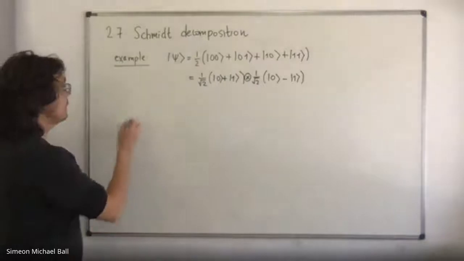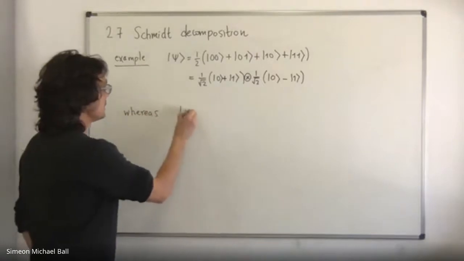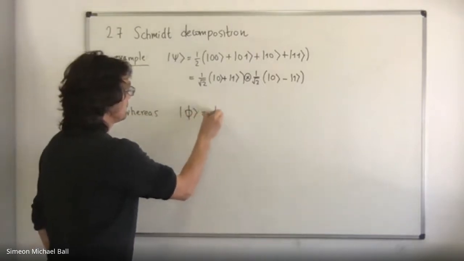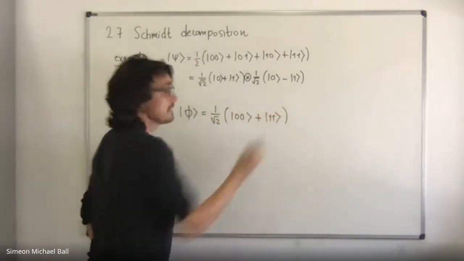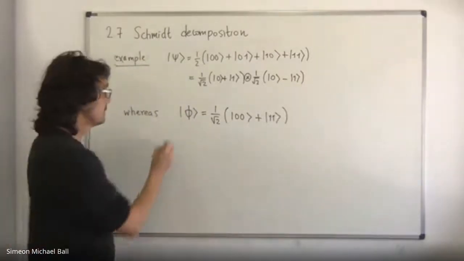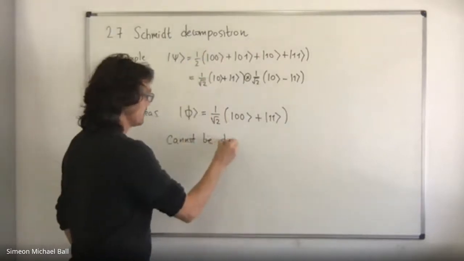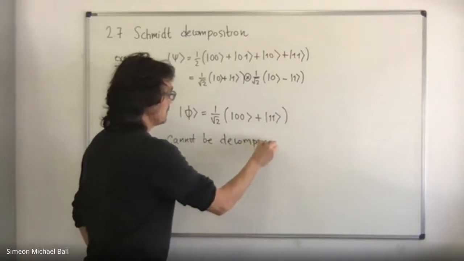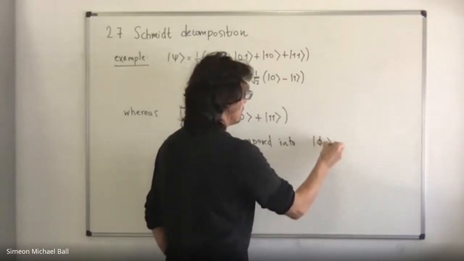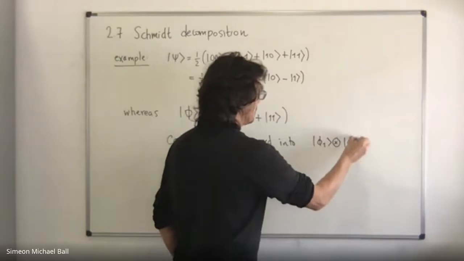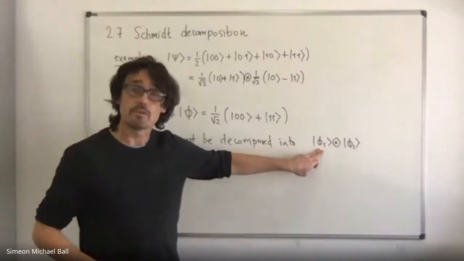Whereas if I take a Bell state, let's call it phi, this state cannot be decomposed into, let's say, phi 1 tensor phi 2, where phi 1 would be a superposition of qubits on the first system and phi 2 on the second one.